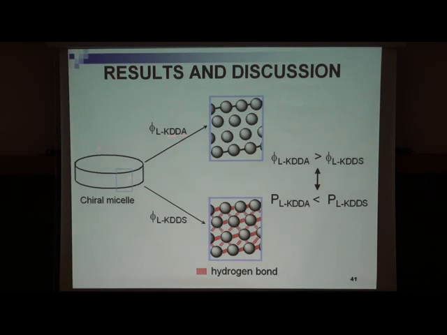This is the part of the chiral micelle. In the alanine system, there is no hydrogen bond because the hydrophilic group has a CH3 group. But in the serine group, there is an additional OH group, and it makes hydrogen bonds at the surface of the micelle. So in the serine system, the micelle surface cannot turn as efficiently as in the alanine system.